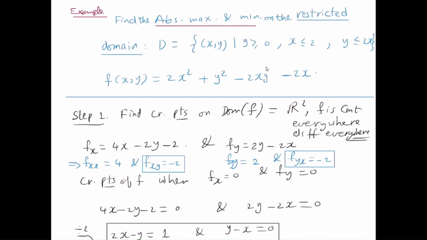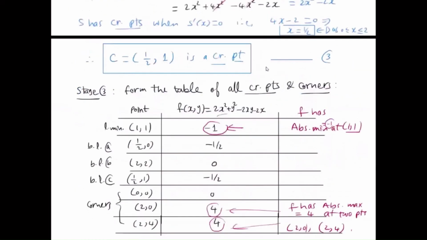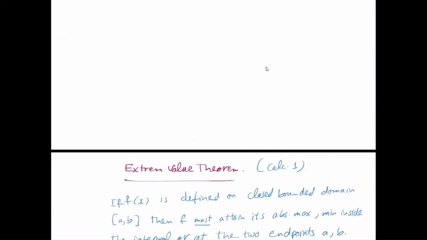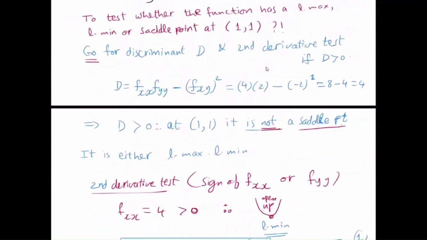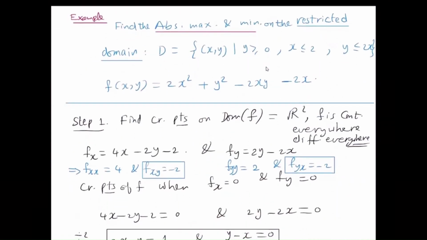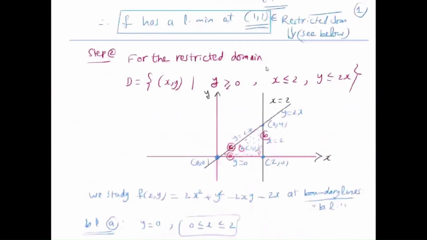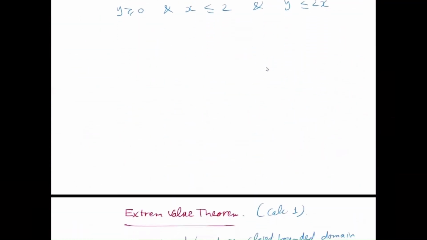So let's draw them carefully. y is greater than or equal to 0, x is less than or equal to 2, and y is less than or equal to 2x. Be careful.